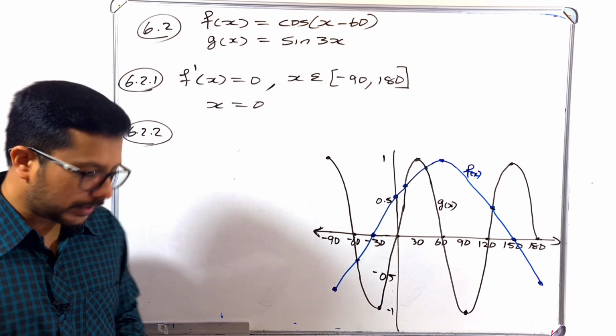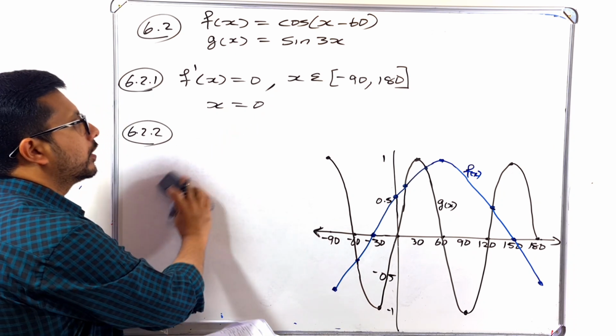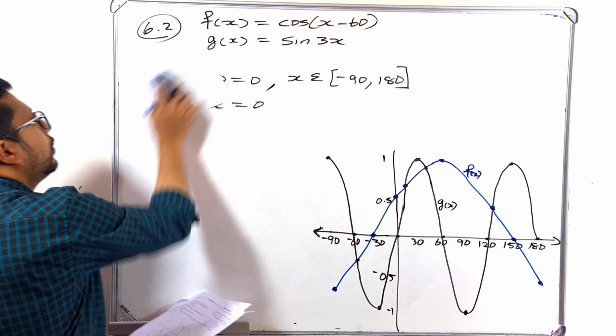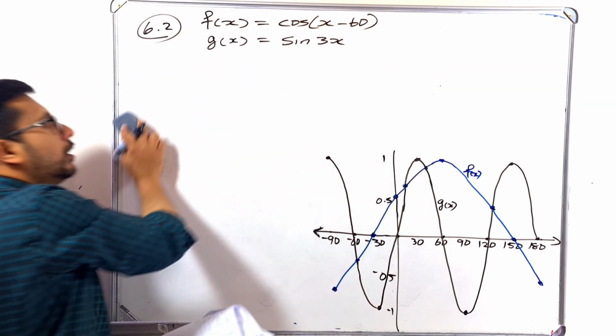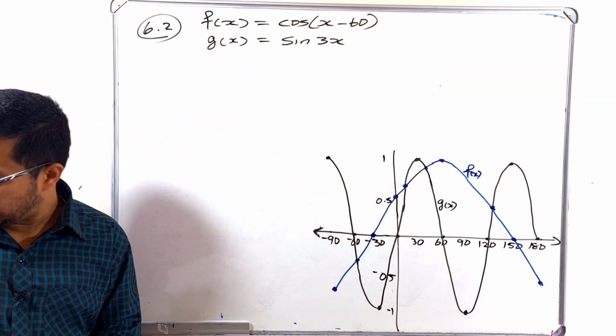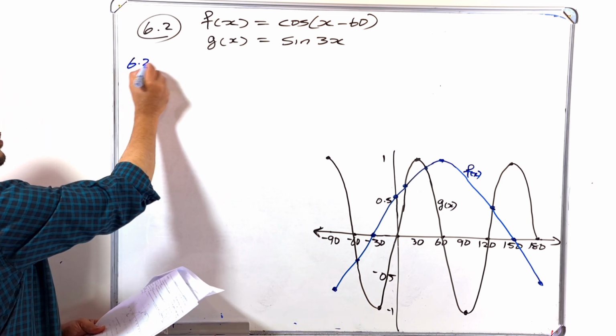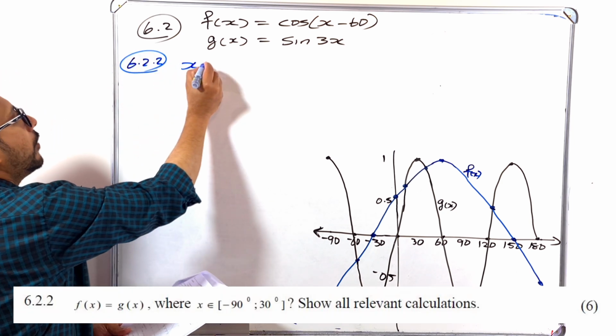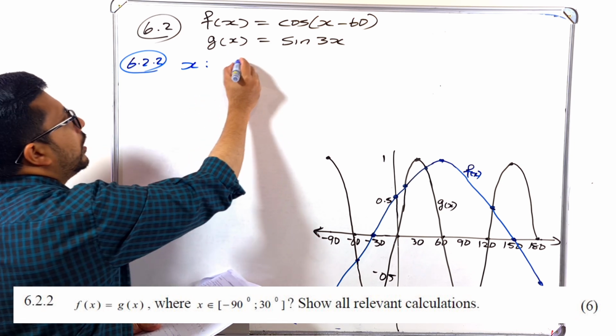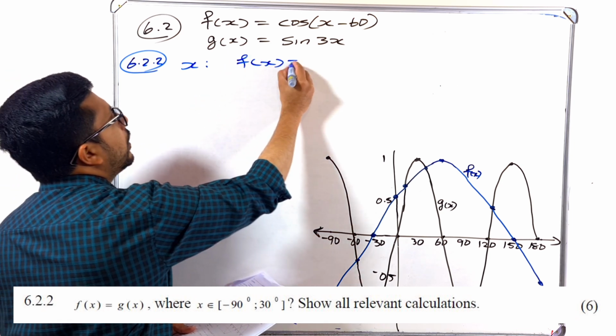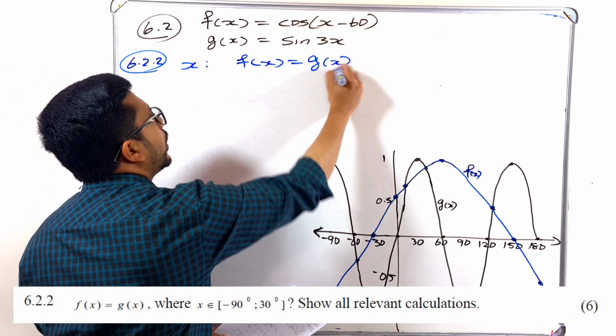Let me erase 6.2.1 also. For 6.2.2, you have to find the values of x where f of x is equal to g of x.